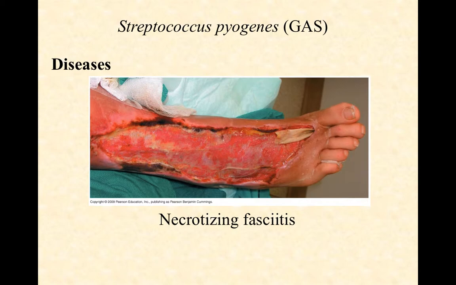So when you think necrotizing fasciitis, keep in the back of your mind, group A strep is likely one of the more common causes, but there are in fact other possibilities. Fortunately, this is one we don't see very often, and that high degree of invasiveness is not common.